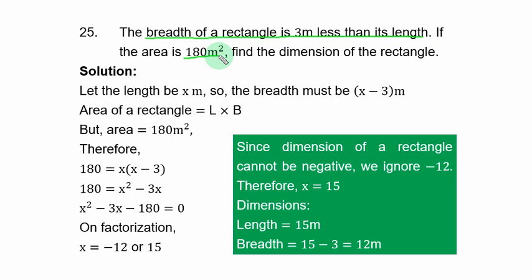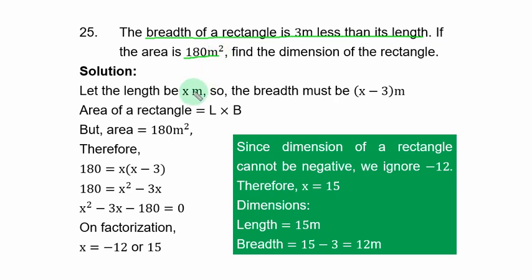I think this is very simple. The breadth is 3 meters less than the length. What it means is that once you know the length, if you subtract 3 from it, it becomes the breadth.